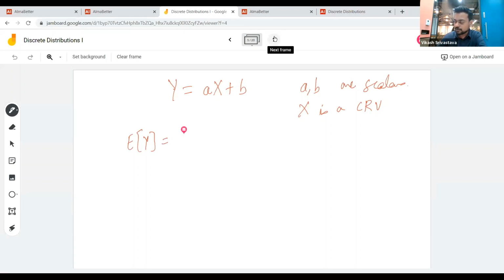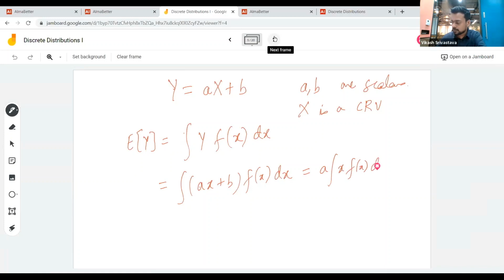So what we can do, we can write something like integral of y times fx dx. And then for y you can put ax plus b, so you can write it as a times the integral of x fx dx plus b times the integral of fx dx.